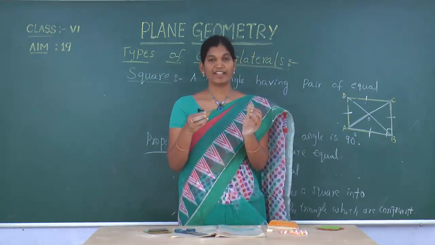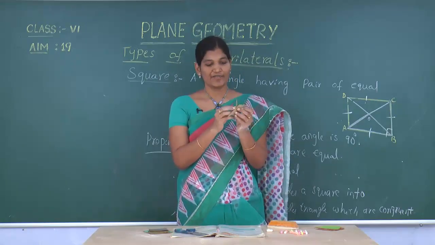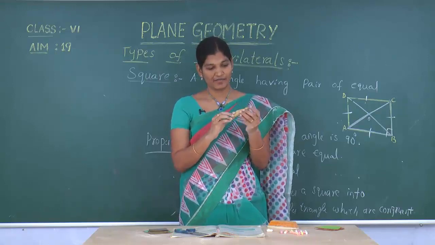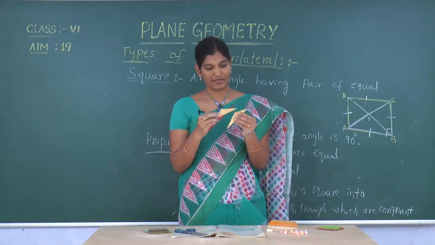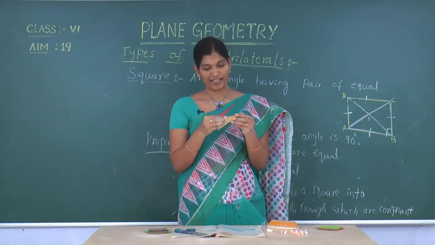See, these are the two triangles which are congruent to each other.